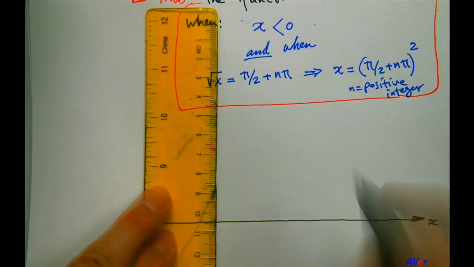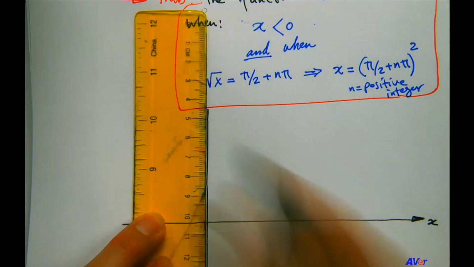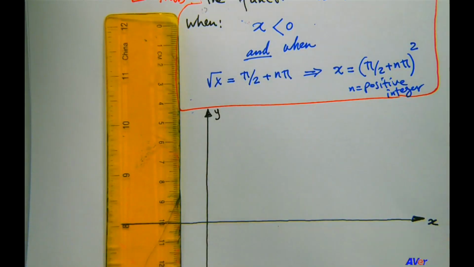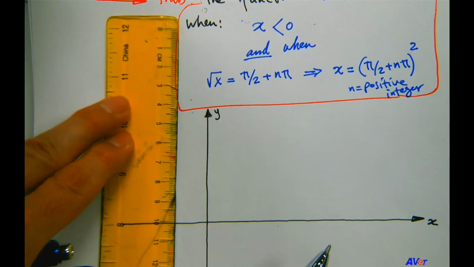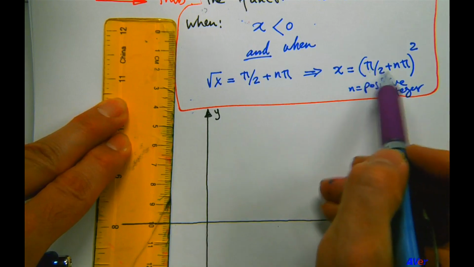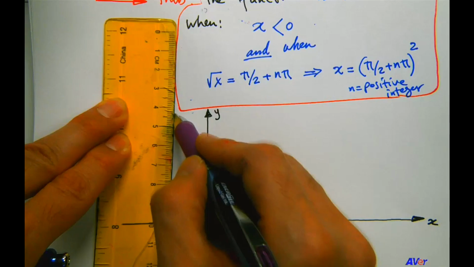Most of this is going to be on the positive side, so I'm going to give most of this blank space to the positive side. And I'm going to just draw vertical asymptotes for this, right? For pi over 2 plus n pi.